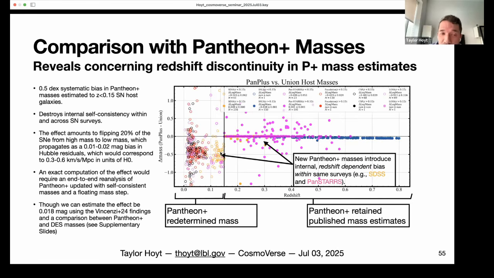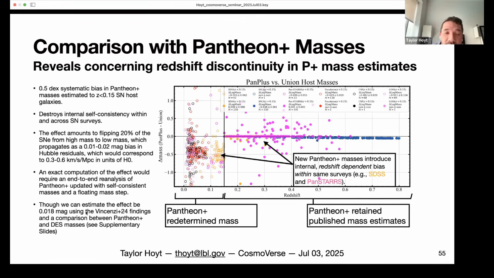To exactly compute the effect would require an end-to-end reanalysis of Pantheon Plus, so redoing down to the BBC bias corrections with updated masses and arguably a floating mass step, if there's a half a dex disagreement between how they're doing their masses versus how these literature values were derived.